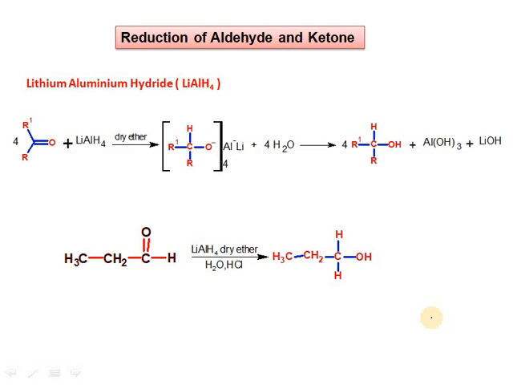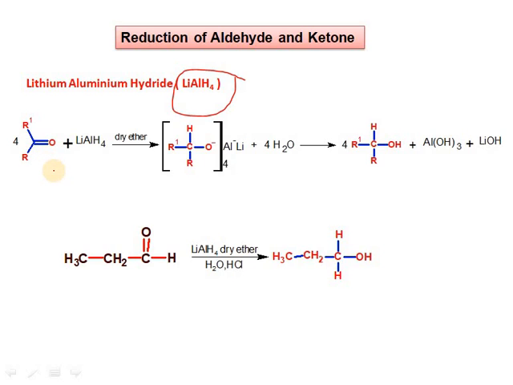Next reaction we see here is reduction of aldehydes and ketones. You know the reagent lithium aluminum hydride is mainly used for the reduction of aldehydes and ketones. It is a very strong hydride reducing reagent.